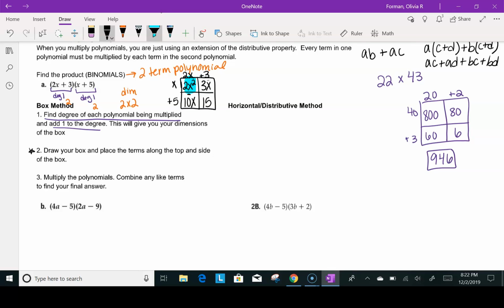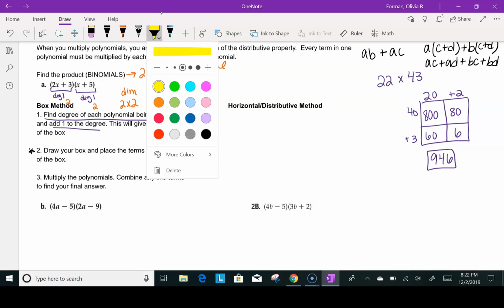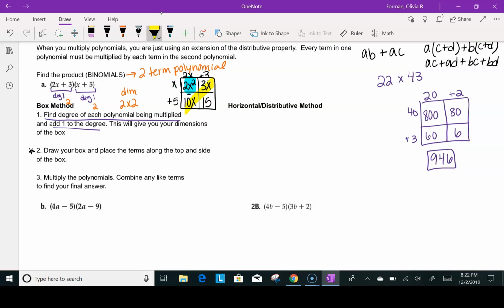When you set them up in a box, a lot of times your diagonals are going to have the same variables, so you can combine those terms. So we'd say 2x squared plus 10x plus 3x, so that would be 13x plus 15. That would be my final answer: 2x squared plus 13x plus 15. Okay, so that's the box.